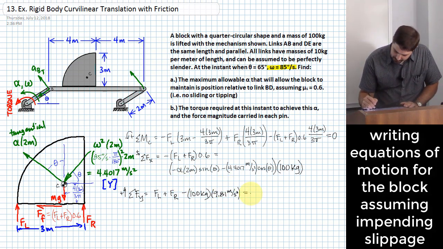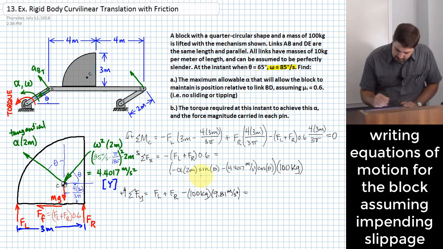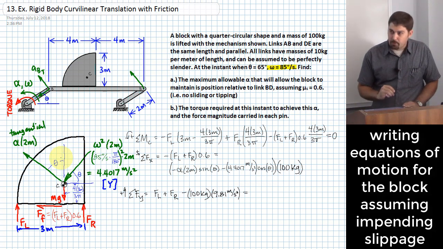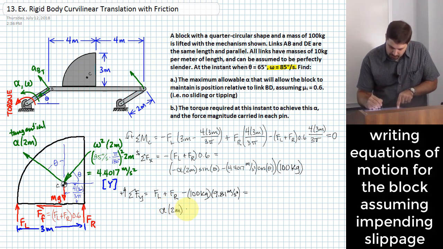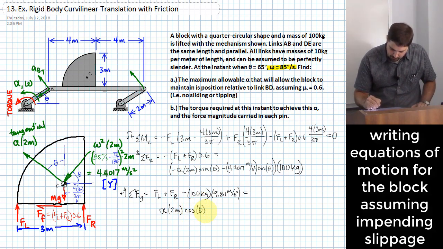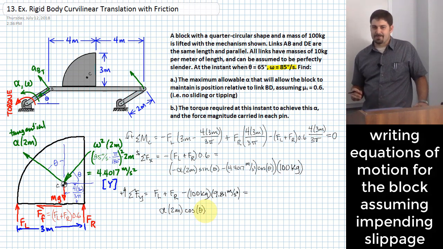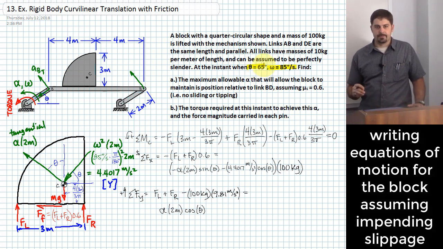This looks similar to the acceleration I just figured out in the horizontal direction. I just need to make sure I get my signs right. My alpha term does generally point upward, so I would say plus alpha times 2 meters times the cosine of theta. By the way, I know theta. I'm just writing it as theta in there, but theta is 65, so I can introduce that when I get ready to punch in all my numbers.